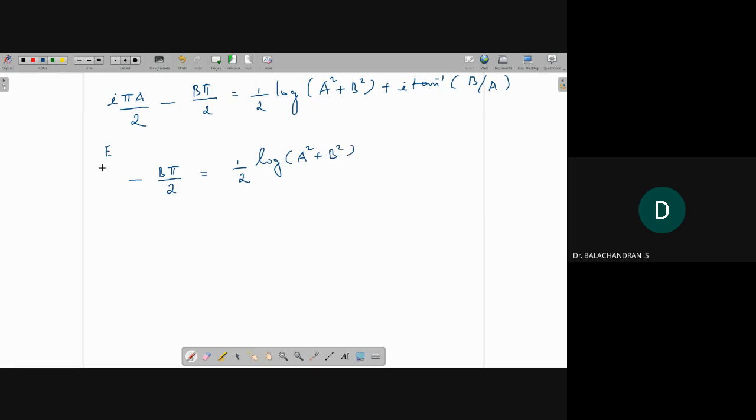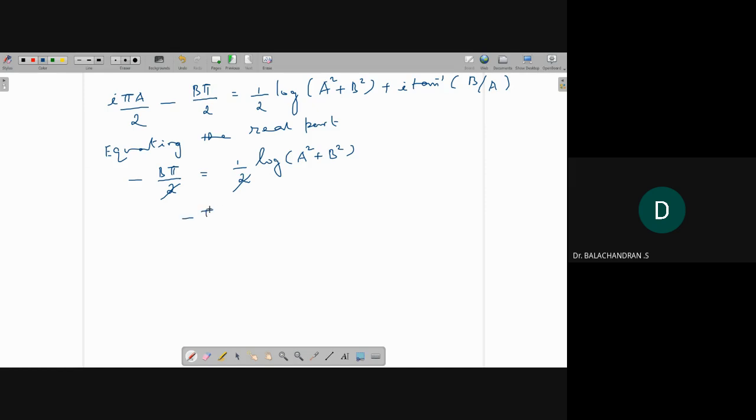Okay, equating the real part. So please write equating the real part. Now you can cancel these 2 and 2. And from this, what is log of a square plus b square? I will write it.